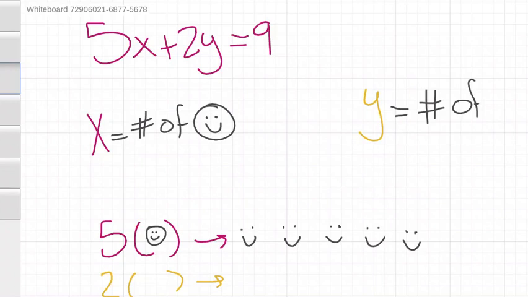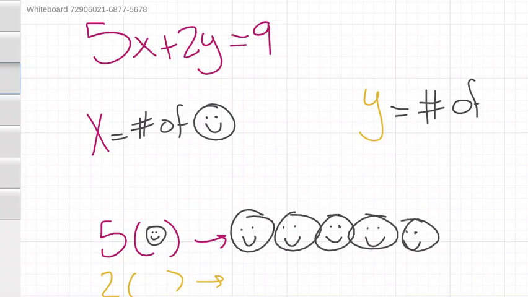If x were the number of smiley faces, then there would be 5x, which is just 5 times 1 smiley face, and that would equal 5 smiley faces. 1, 2, 3, 4, 5. 5 smiley faces. And since y can't be the same thing because it's a different variable, we'll just say it's a squiggle.